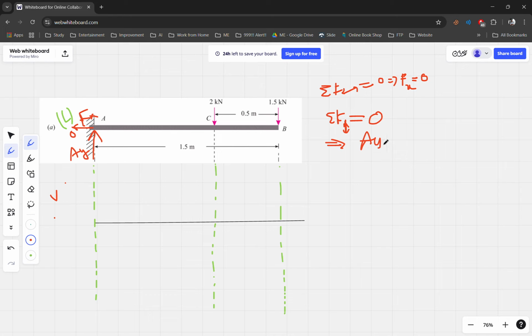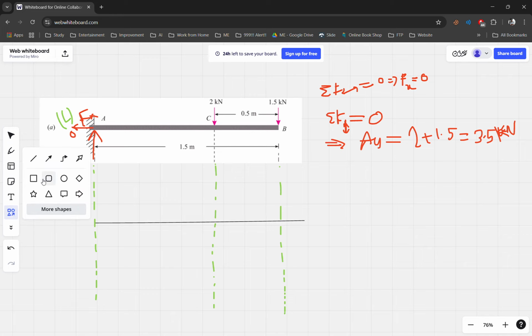The force going upward will be equal to the forces going downward, so it will be 2 plus 1.5, thus it will be 3.5 kilonewton. So we have determined the value of Ay.